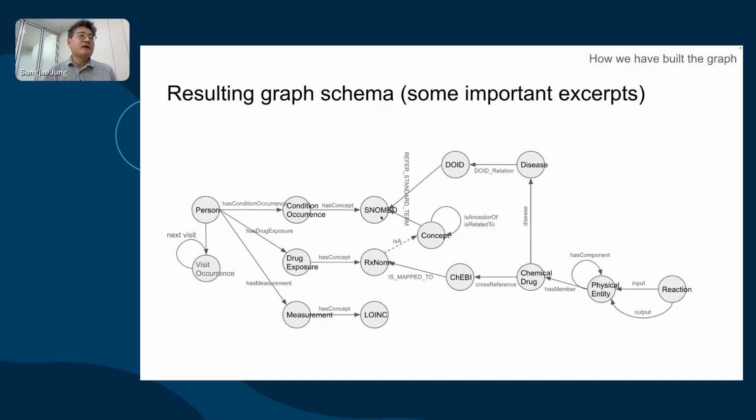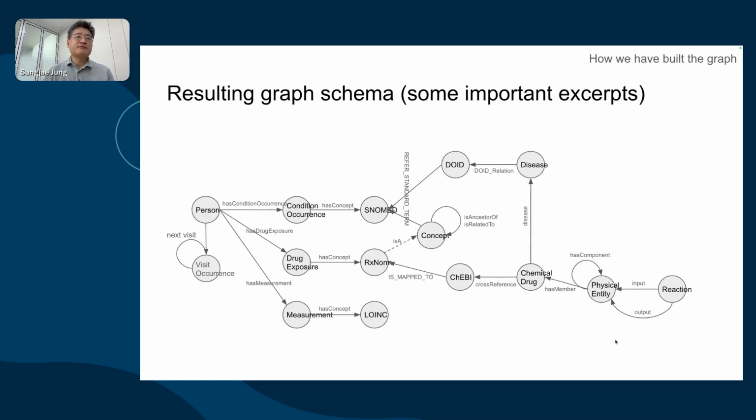In CDM, they use SNOMED CT for disease code, and the patient is prescribed some drugs, which are in RxNorm code, and the patient undergoes some medical test, and the test result value is recorded in measurement, and for the variables for the value, we use LOINC code, which is a standard ontology.